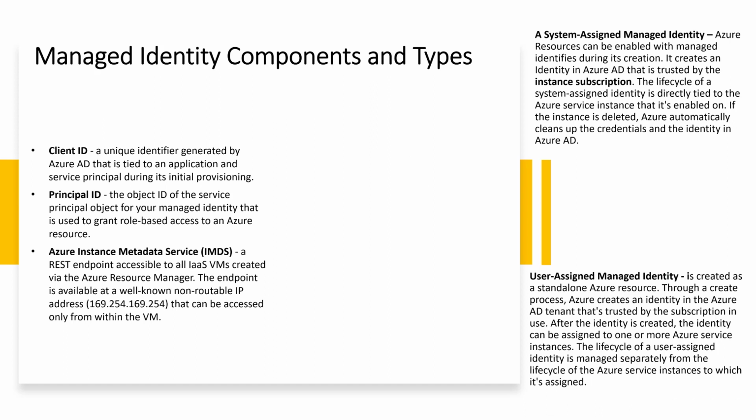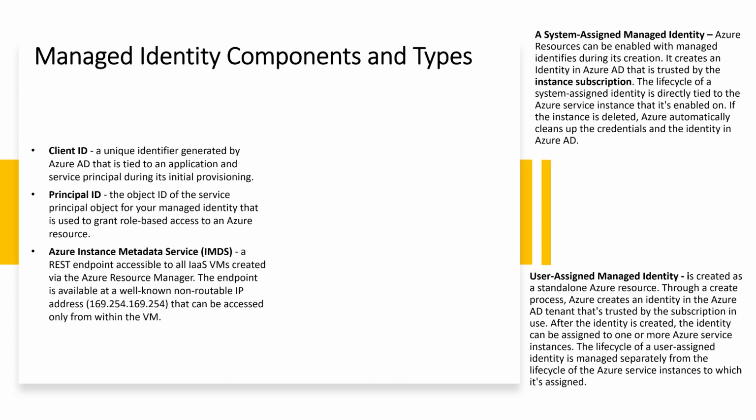So when we talk about managed identity, we need to understand what are the components and types, right? So you will see it is very similar to service principal name. Primarily, it is a service principal name, but with an added layer on top of it. As you already know, each of your service principals has a client ID, an object ID, and a principal ID. So this is pretty much the same. But what makes it different and distinct is that it also has a layer of Azure Instance Metadata Service, or IMDS, which is a REST endpoint.